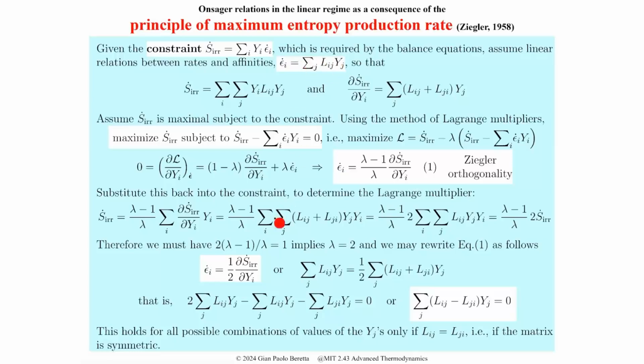So this is for the left-hand side, and this is for the right-hand side. And you get this expression here. Then you move things left and right so as to keep the summation of the Lij's together, and leave the Lji's on the other side. And here is the final result, that this summation must be equal to 0.